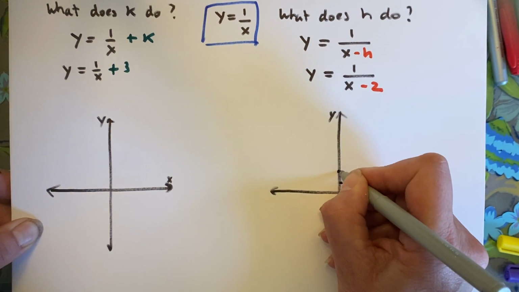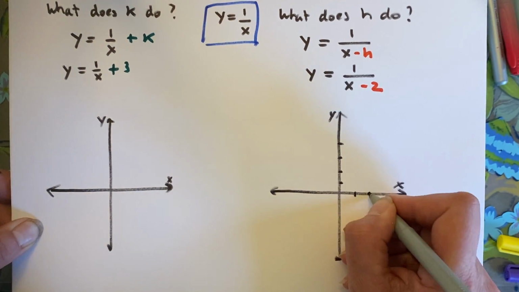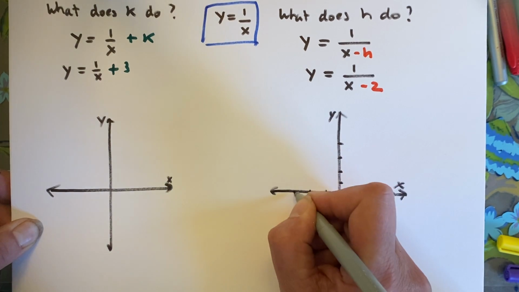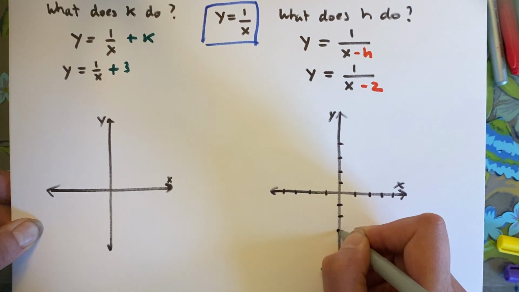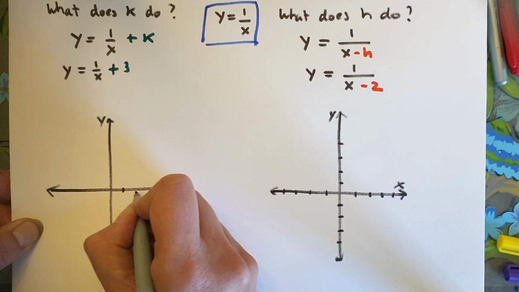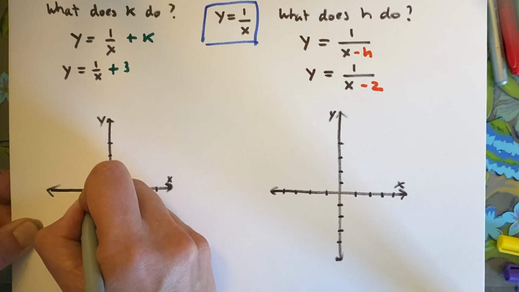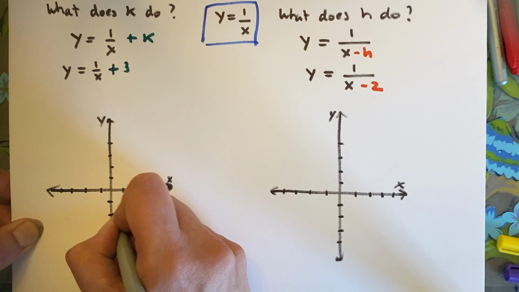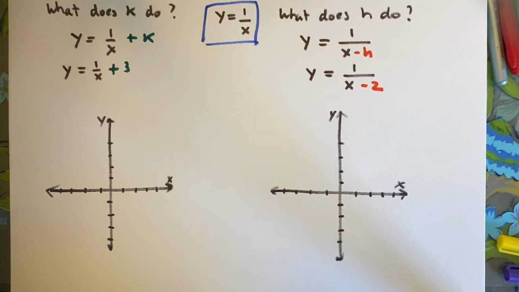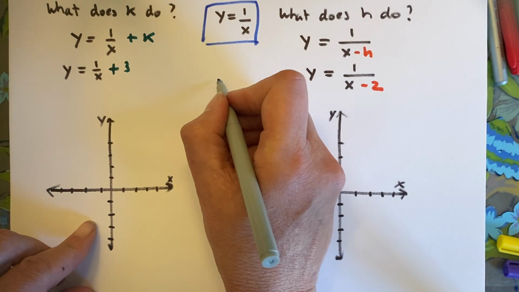And I'm going to go 1, 2, 3, 4. 1, 2, 3, 4. Okay. And the first thing I have to do is put my parent function back in.